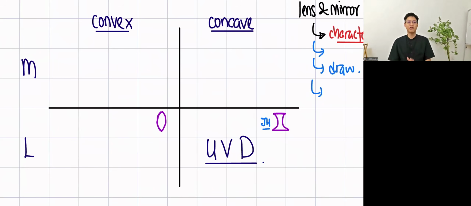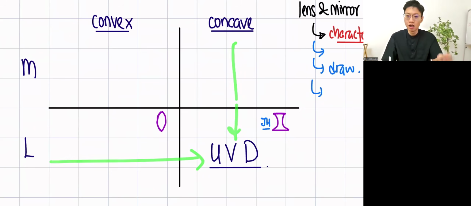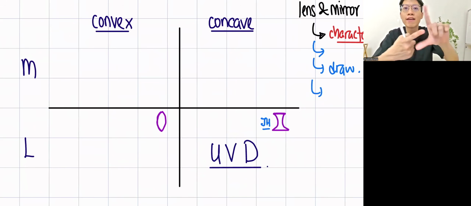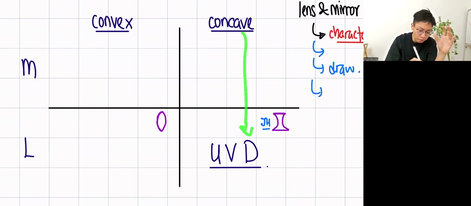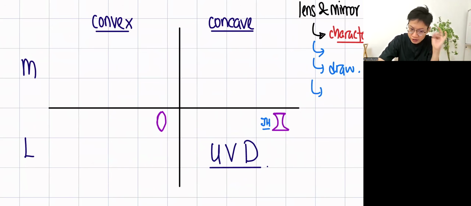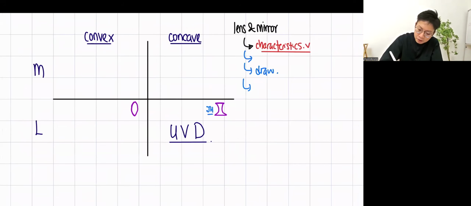You very dog stands for any object in front of a concave lens will form upright virtual diminished image. Meaning to say, guys, concave lens always forms UVD. U very dark: upright, virtual, diminished. For people who might not know what diminished is, let's look first. U stands for upright, V stands for virtual.